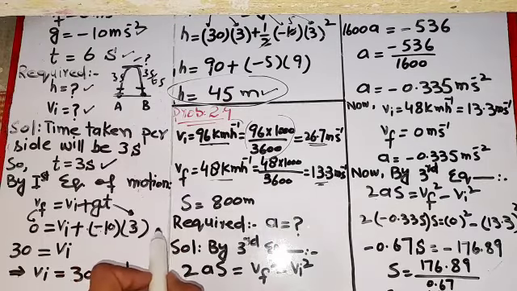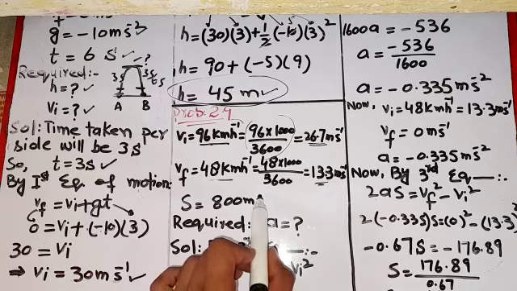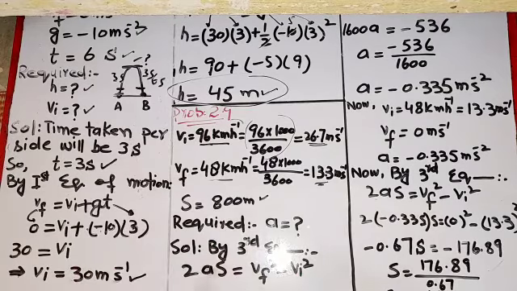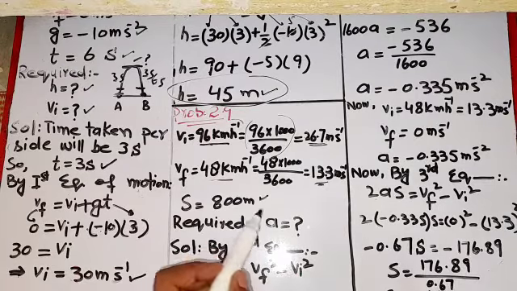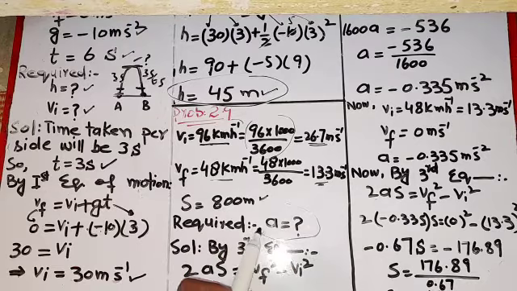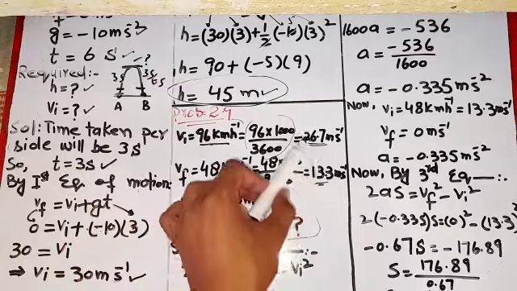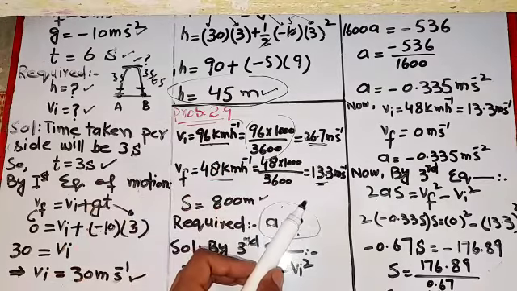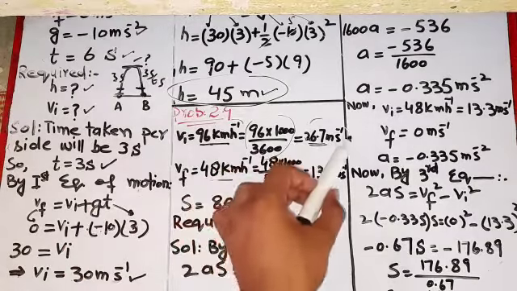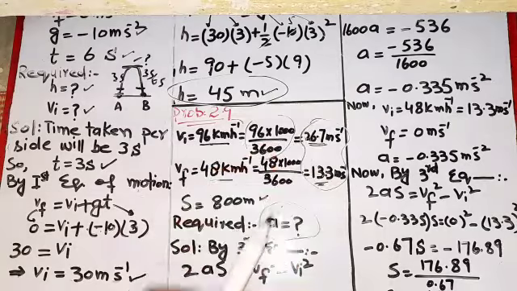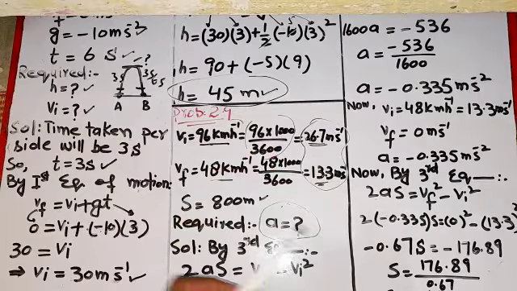Now the distance is 800 meter. So we have to find the acceleration, which is called retardation, because velocity is decreasing with the passage of time. If the velocity is decreasing with the passage of time, then it is called retardation or deceleration. By the third equation of motion, 2as is equal to Vf square minus Vi square.